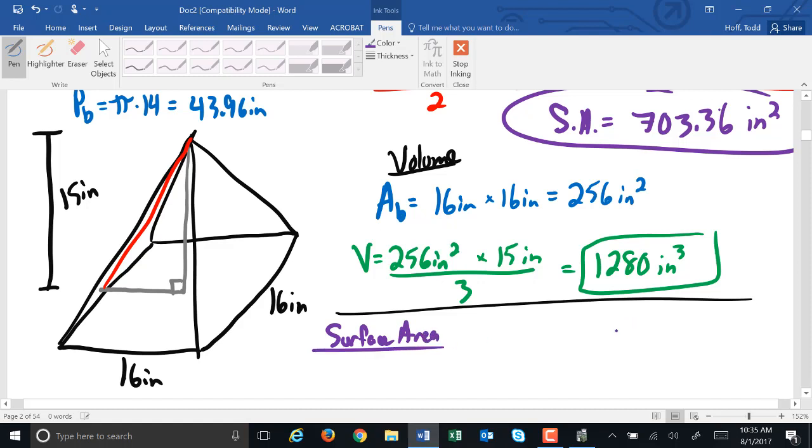Surface area. We have the area of the base, which is the 256 inches squared.